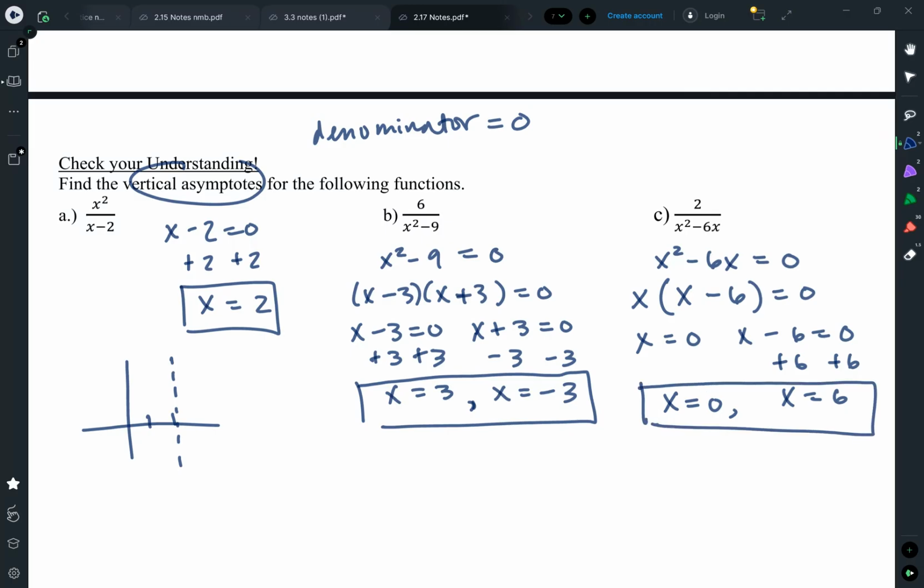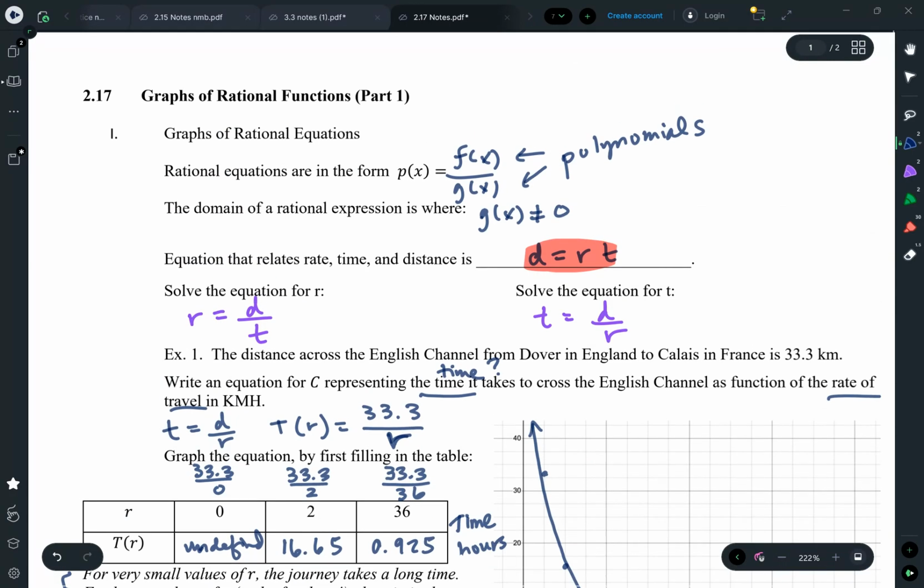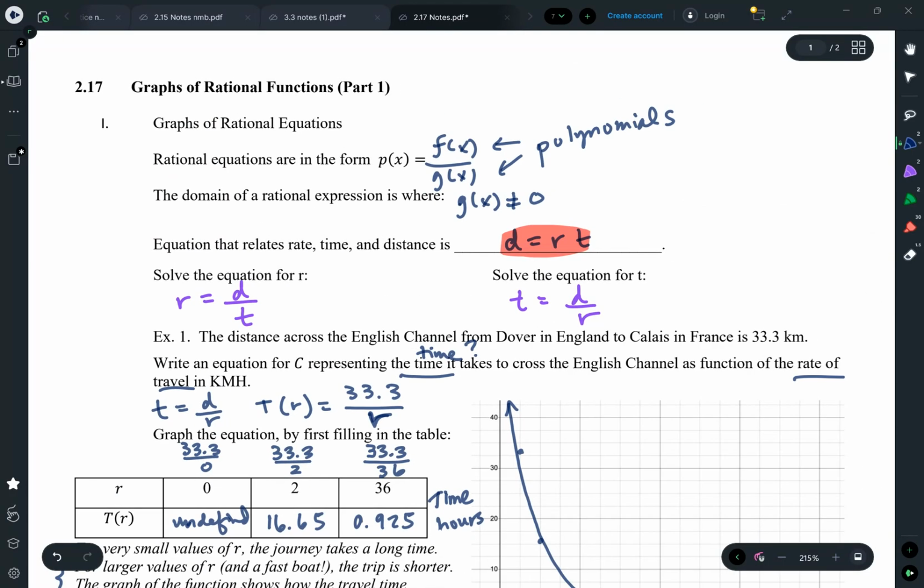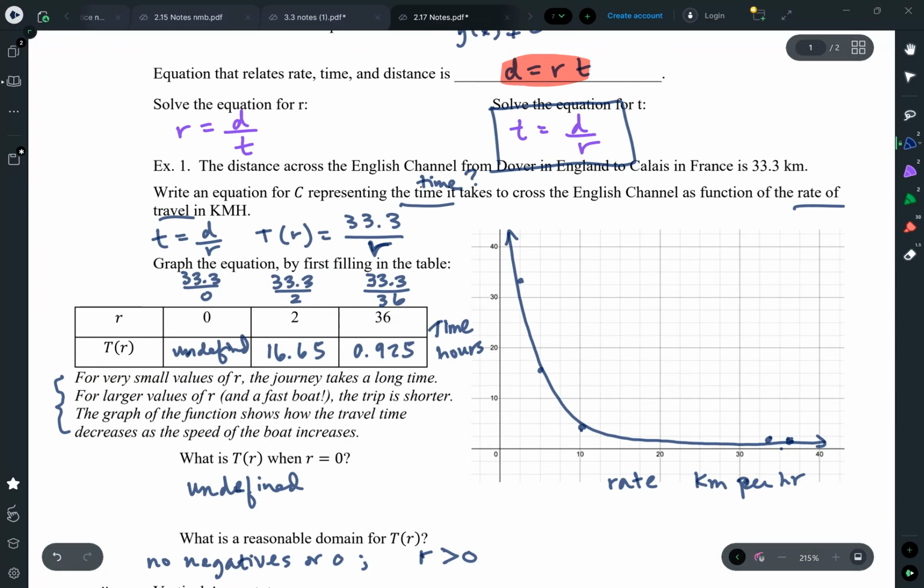So big ideas today. If we go back up to the top here, we can use these rational equations like time equals distance over rate. We can use these kinds of equations to model real life things. The graphs are these interesting curves. We do have to worry about them being undefined.